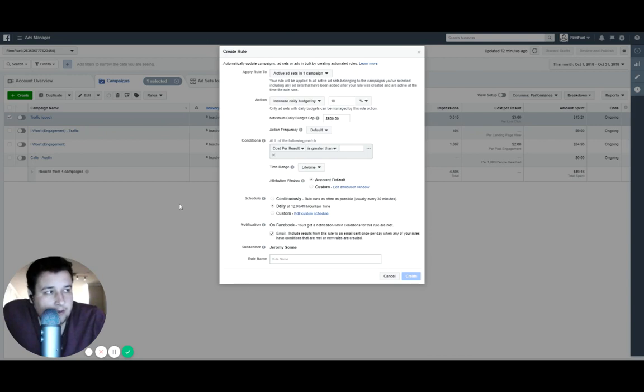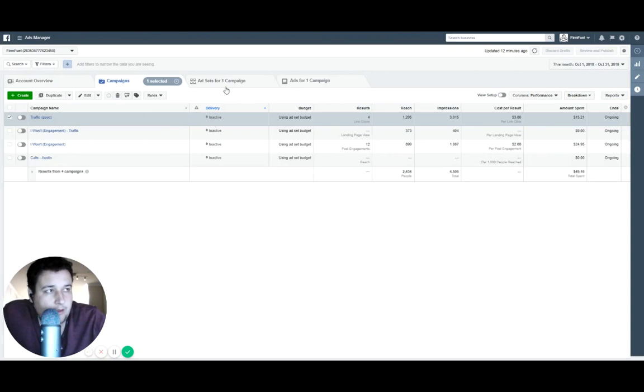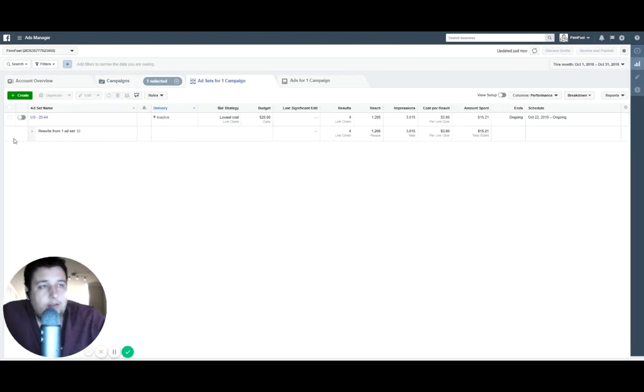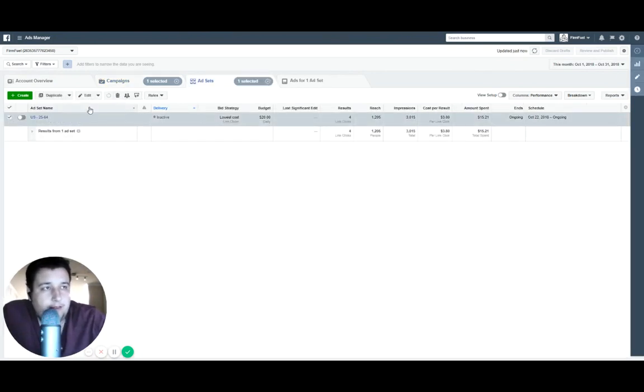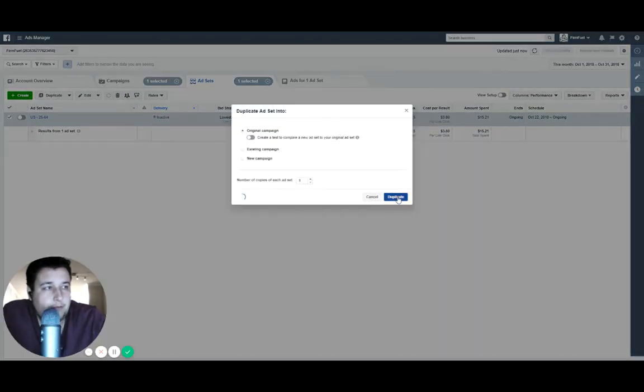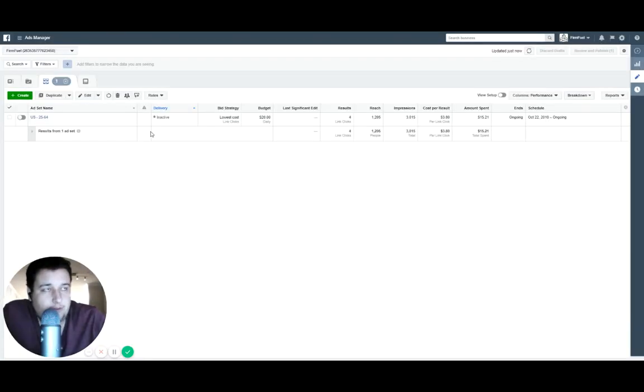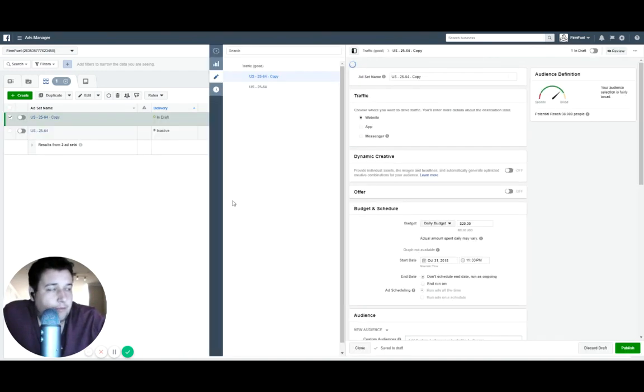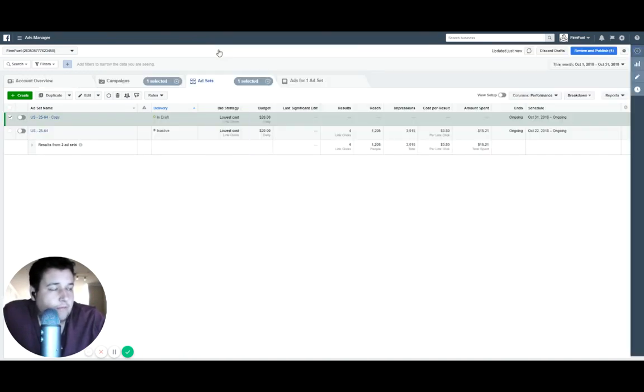The other way, if you're looking to scale more aggressively, is called the duplicate and scale method. You go into the ad set and you literally just duplicate it. I'm just going to show you. Obviously, I didn't run this particularly long, but you duplicate it and say, okay, I need to make this $80 a day.